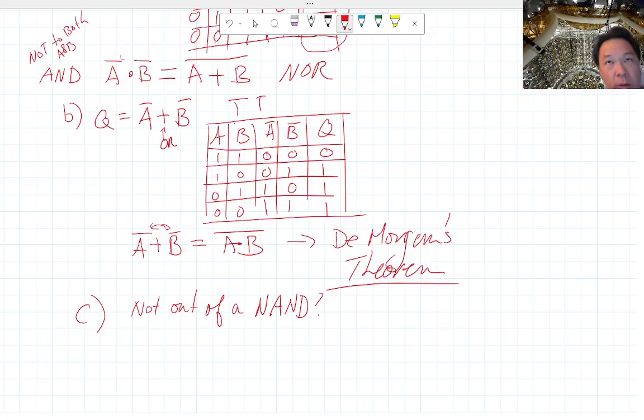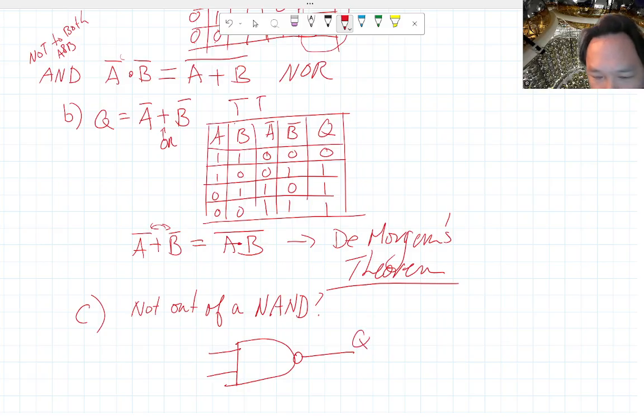Remember that the NOT gate has only one input, but a NAND gate has 2 inputs. There are very limited options you have. So you have A and B here.